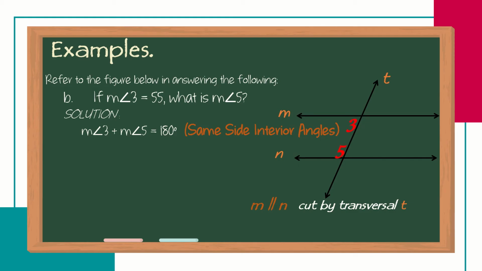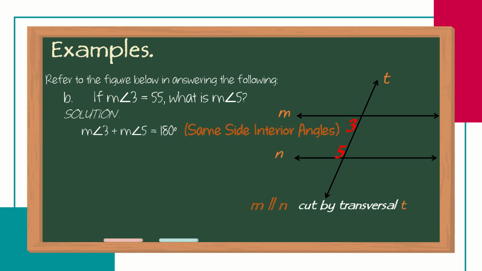Therefore, when we add the measure of angle 3 plus the measure of angle 5, the result should be 180 degrees. The given is the measure of angle 3, and we are tasked to find the measure of angle 5. So, substitute the measure of angle 3 to our equation.